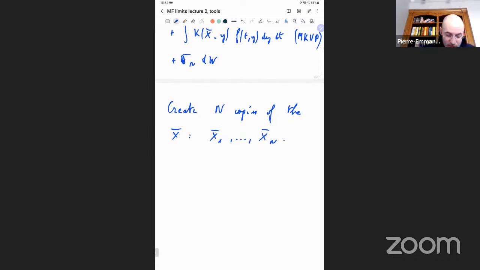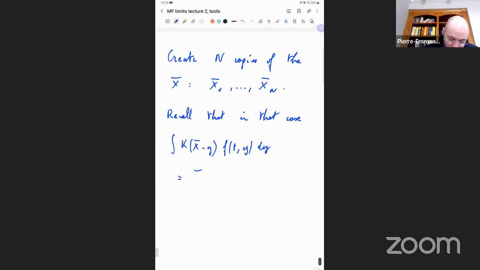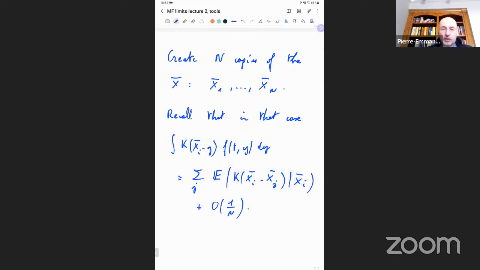And then recall that in that case, this object, this integral, was actually equal to my sum of the conditional expectation, plus again, this correction of order 1 over n.